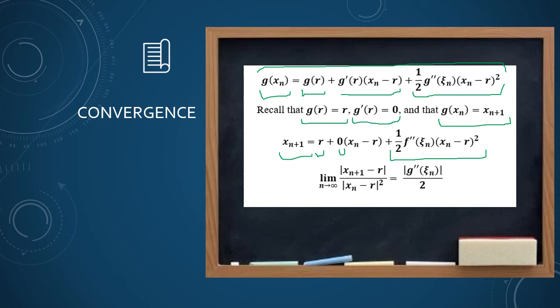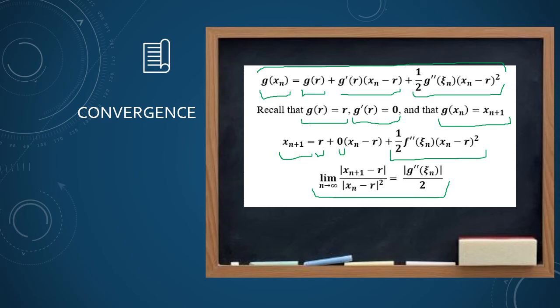Now just rearranging and taking the absolute value of everything, and taking the limit as n goes to infinity, we get that the absolute value of (x of n plus 1 minus r) over (x of n minus r) squared is equal to g double prime of, I forget exactly what this term is.